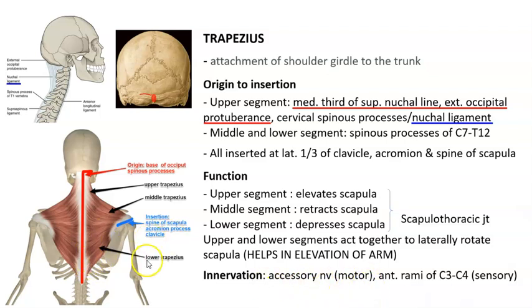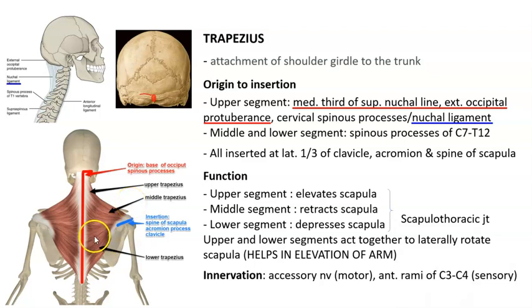You can try to imagine how it helps in elevation of the arm. When the upper segment contracts, what do you think happens? When this contracts, the scapula will rotate, right? The glenoid will face upward.